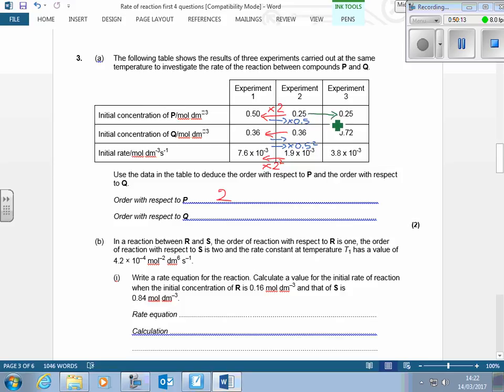There's the constant. So if we're keeping that constant, when we double the concentration of Q, that's times 2, what happens to the rate? It goes up by 2, 2 to the power 1. Yes, that power is the important bit. That's the order.